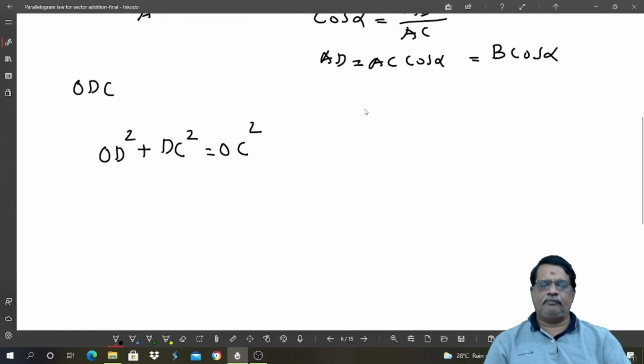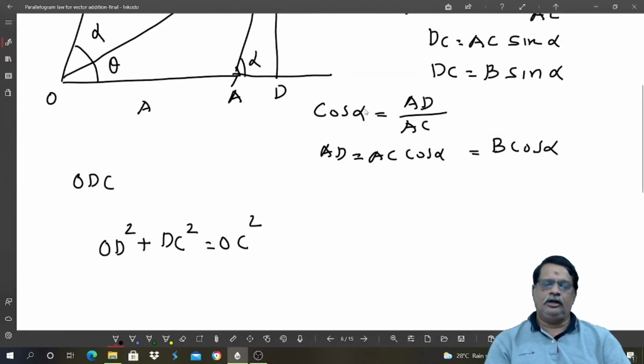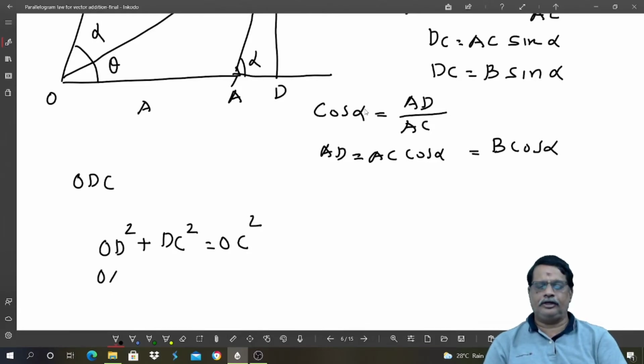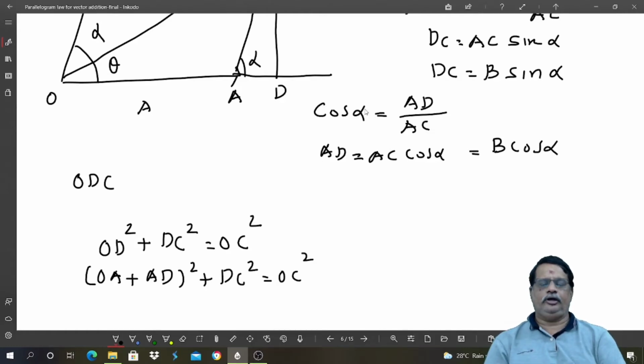Now let us expand this. We will write OD as OA plus AD. So this is OA plus AD, the whole square, plus DC square, that is equal to OC square.